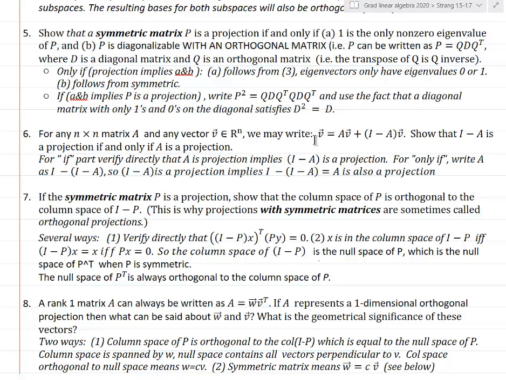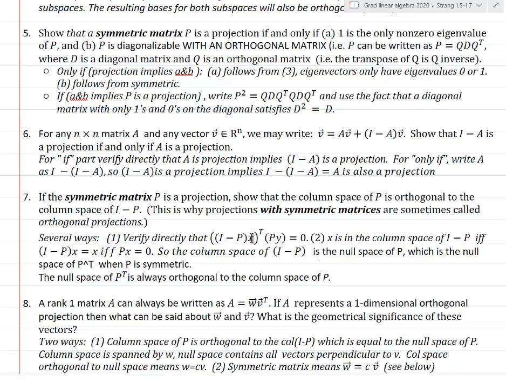So we want to show that if you have a symmetric matrix P, then the column space of P is orthogonal to the column space of I minus P. In other words, these two are perpendicular. Now you can verify that directly. Remember, if something is in the column space of I minus P, it can be written as I minus P times x.